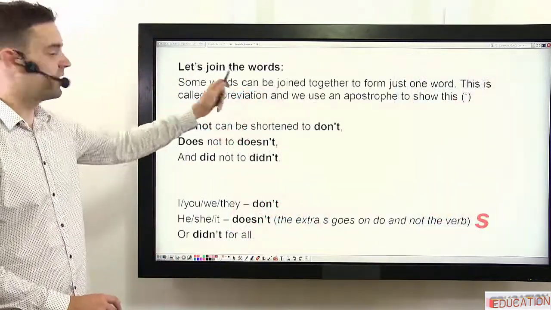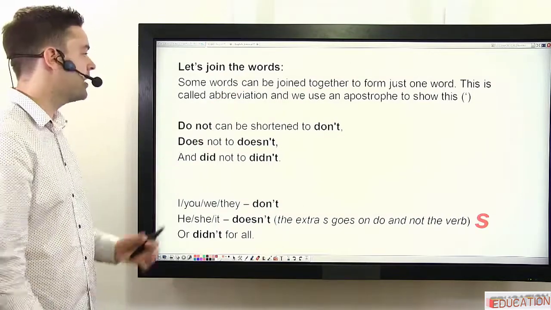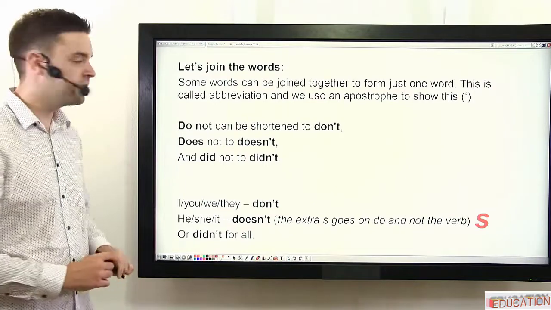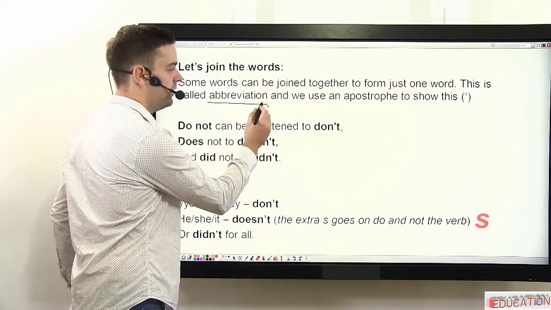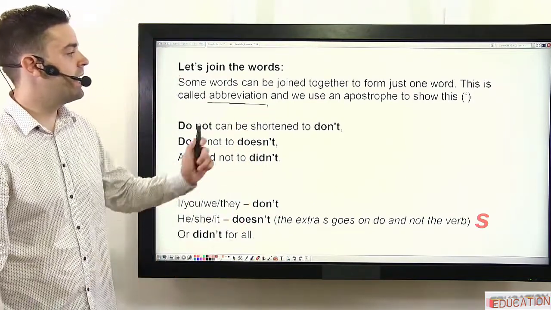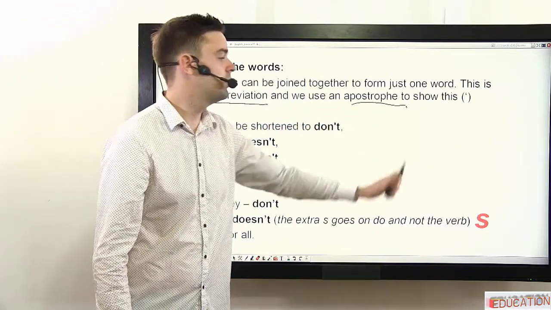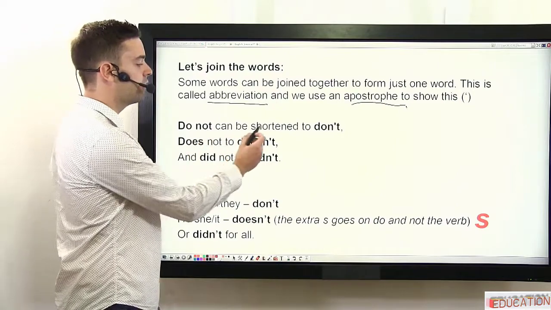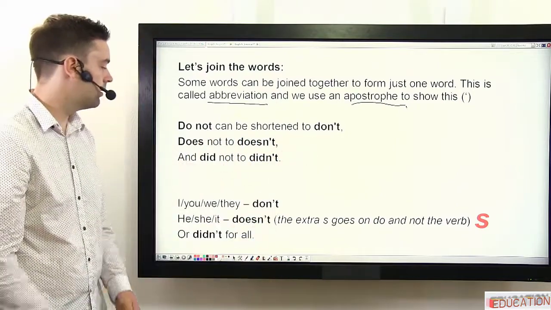Okay. Yet again, we can join some of the words together to form just one word. This again is called abbreviation, and we use an apostrophe to show this. So do not can be shortened to don't.